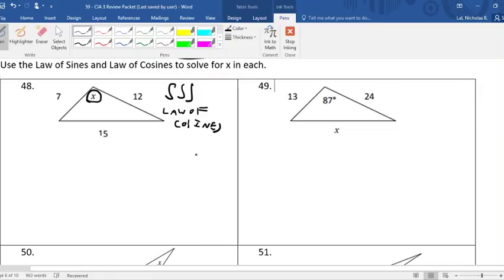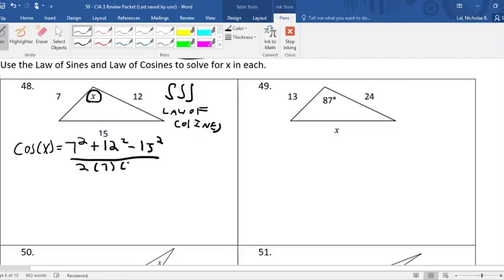Using the law of cosines, to find the angle, I know that the cosine of x is going to be equal to 7 squared plus 12 squared minus 15 squared over 2 times 7 times 12.